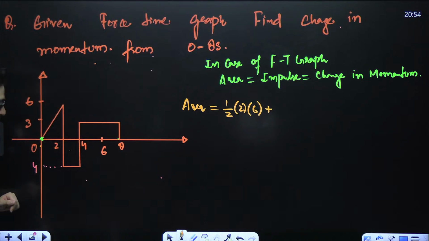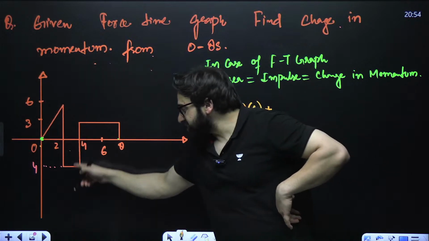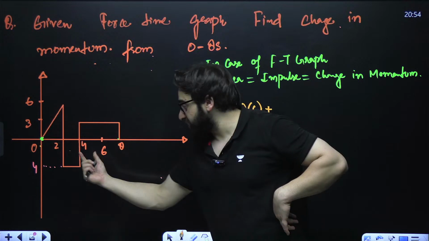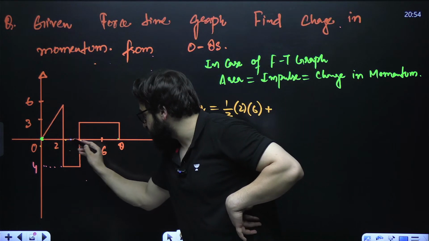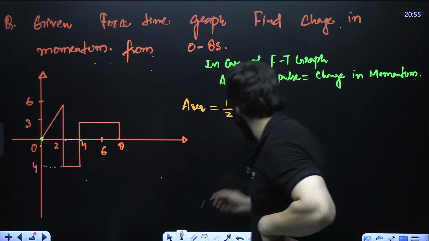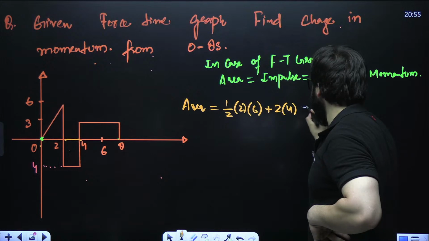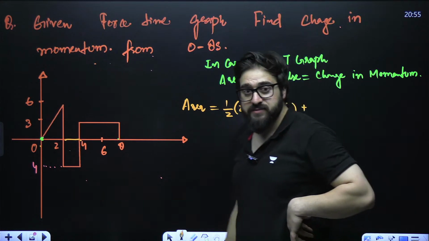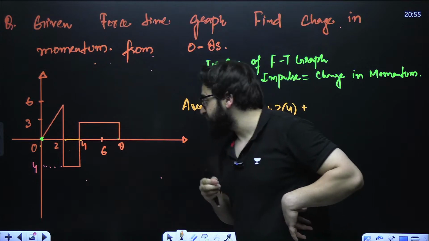Now, so I can say out here, what is the area under this line? So area of this, sir, this is 4 minus 2 is 2. This 2 multiplied by 4. That is 2 into 4. Then we say plus the area under this curve.